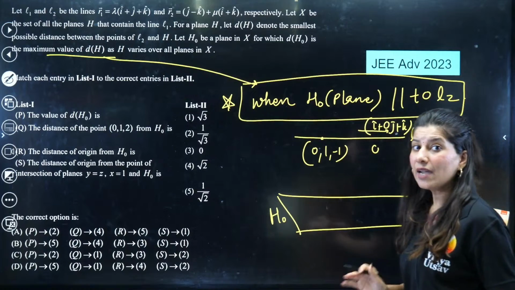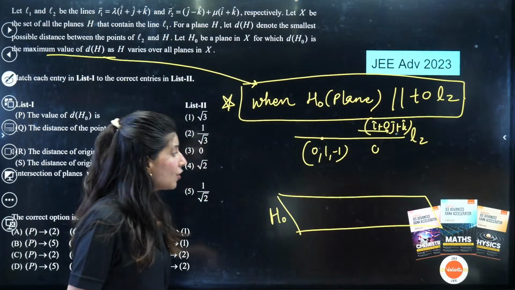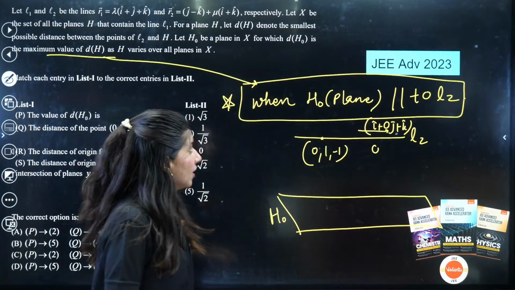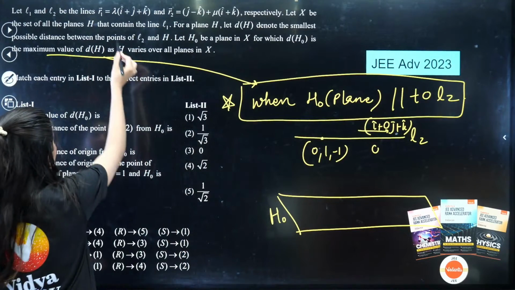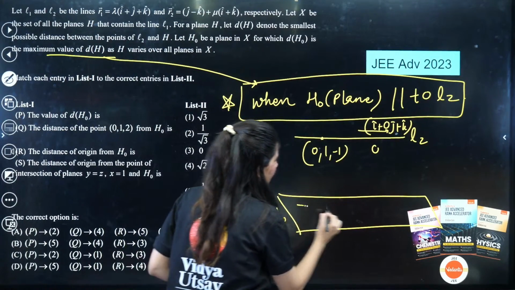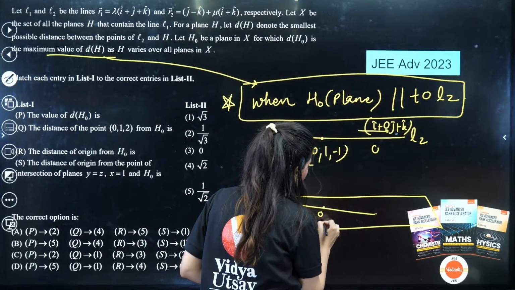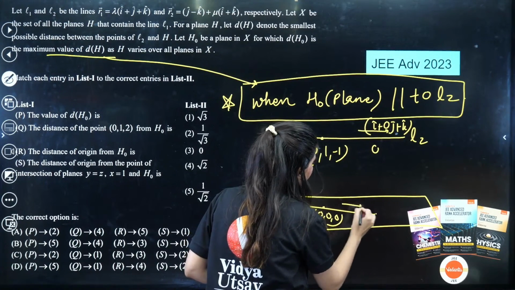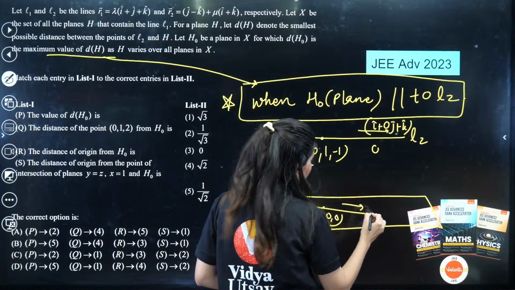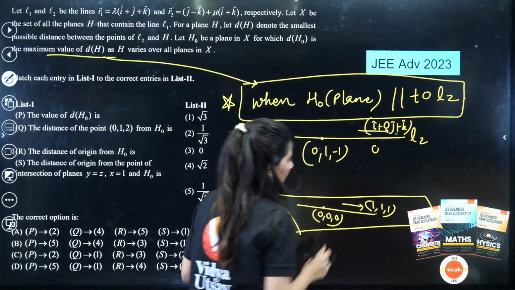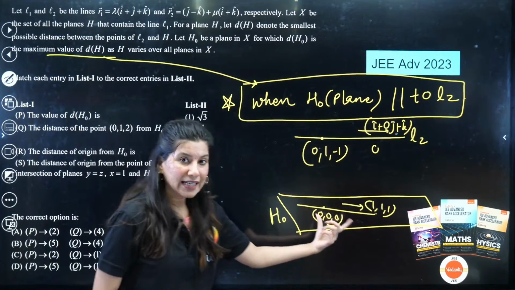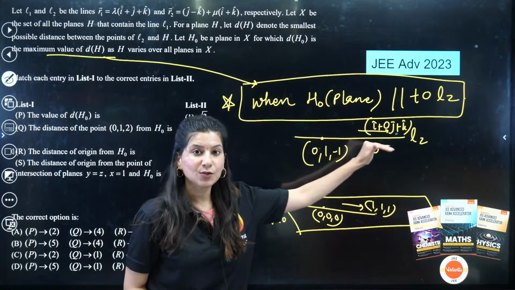So I am looking for an equation of a plane which is containing this particular line, which is passing through 0, 0, 0 and is parallel to 1, 1, 1. So my plane contains this particular line but is parallel to this line.